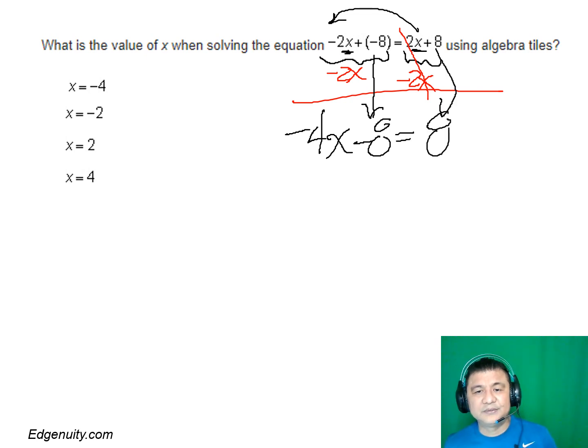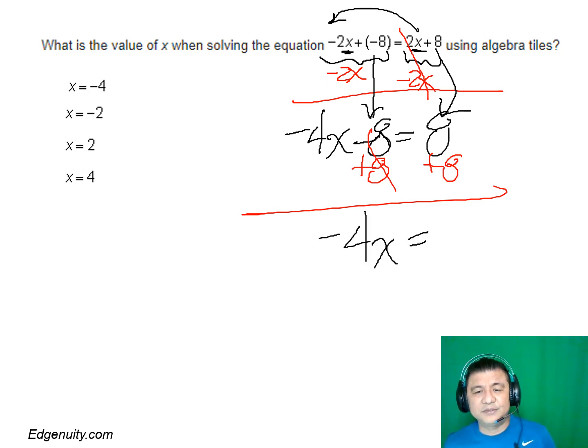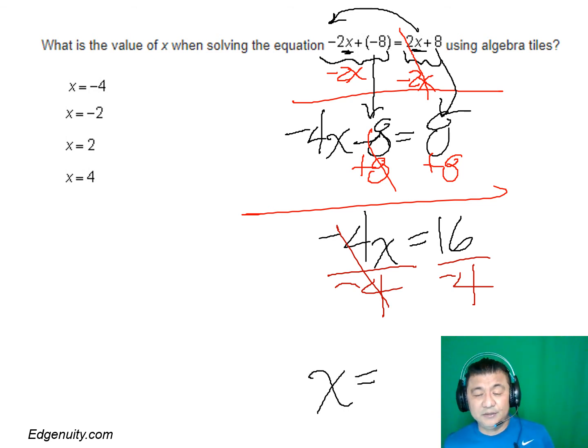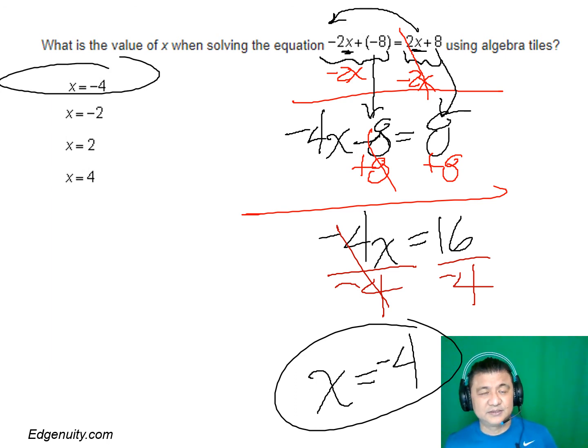Look, two-step problem. I need to get rid of the minus 8, so plus 8 on both sides. That cancels out. Negative 4x is equal to 8 plus 8 is 16. What's next? Divide by negative 4 on both sides. That cancels out. x is equal to 16 divided by negative 4, which is negative 4. So the value is this.